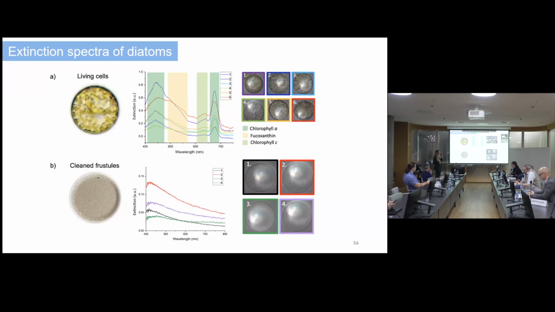The main one is fucoxanthin in this green region of the spectrum, also chlorophyll C. But if we look at the spectrum obtained from the single frustule without organic components, we can see that there are practically no peaks, which is of course expected because there are no pigments, as illustrated here.